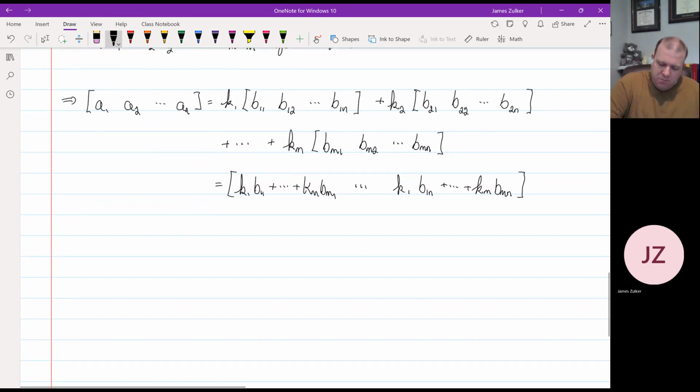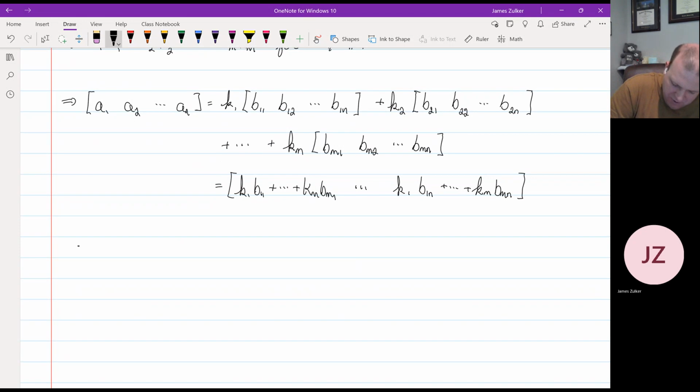So in order for matrices to be equal, entries have to be equal.